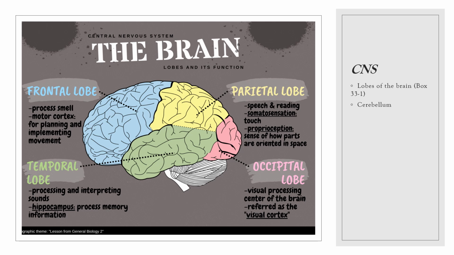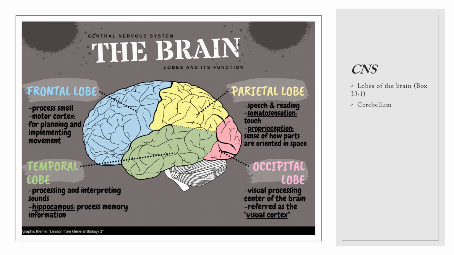So if there is damage to the right hemisphere, you're going to see that displayed on your patient in the left side of their body. And we'll talk about that a little bit more whenever we're talking about stroke. But just know cerebrum has a right and left hemisphere, and each of those hemispheres has the frontal lobe, your parietal lobe, your temporal lobe, and your occipital lobe.